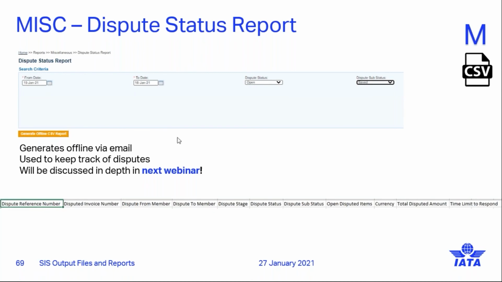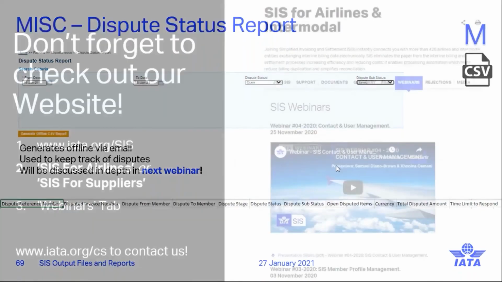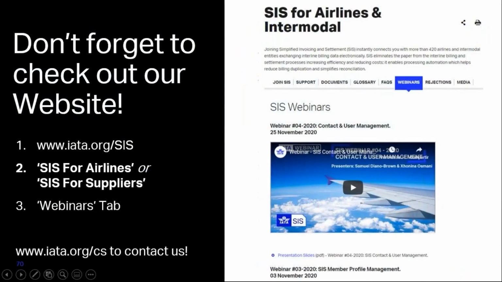And now we will move forward to the last slide of this webinar, where we would like to remind you to check out our website. You can see it at iata.org/SIS. You have SIS for airlines or SIS for suppliers. Please note, as I said before, that we have added a new tab, which is the webinars tab, and this tab will be available on both pages, for airlines or suppliers.